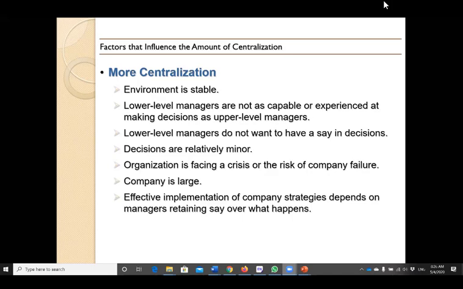No, it's just about the involvement, not giving the power to make decisions to the one at the lower level, but just reducing the involvement of the lower level managers. Not about power, right? Because they need to make decisions together in this case.